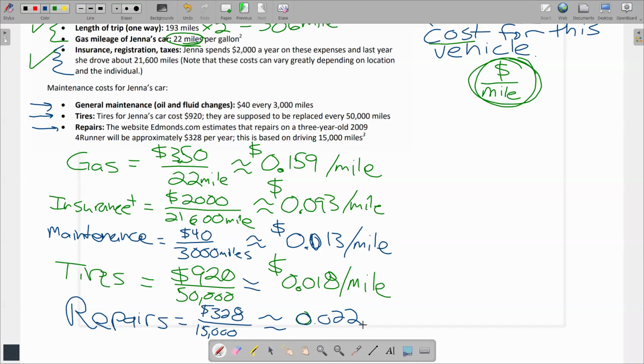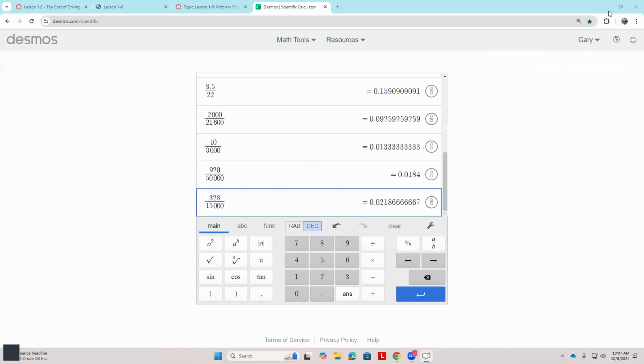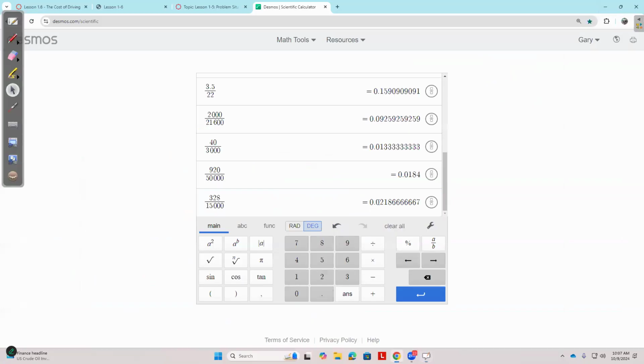And we're going to use a third decimal point like we did with the other one, just to be consistent, dollars per mile. Oh, the 8 tells you different. Yeah, so let's double check that. I was looking for 3 decimal places there, and the 8 says bump that up. I would say 0.022.